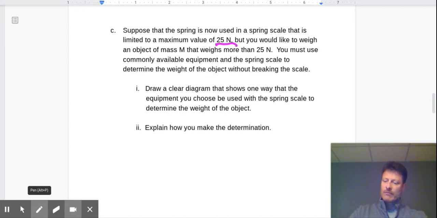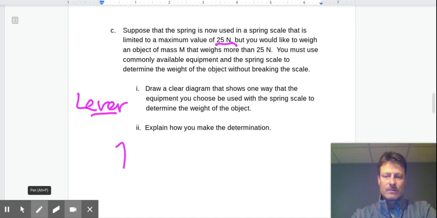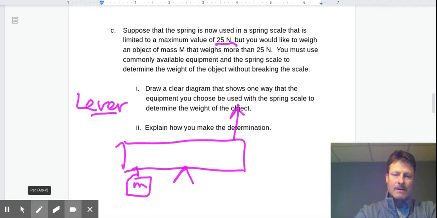Again, there are different ways you could go about doing that. I'm going to tell you the one that I would expect would get it done pretty easily, which is if you use it as a lever. I've got a fulcrum here, and I've got this mass over here, and I have the spring scale over there.